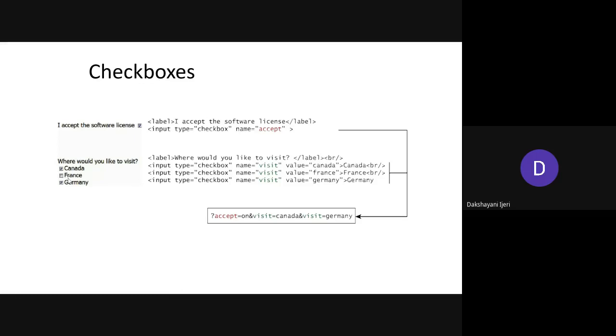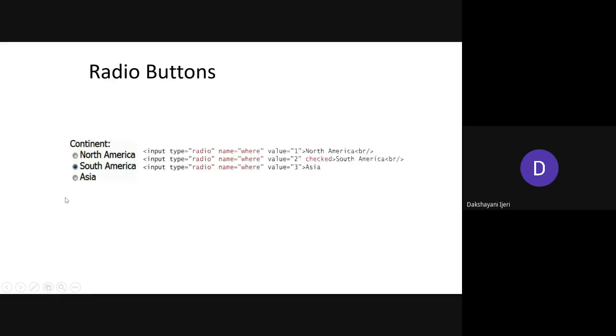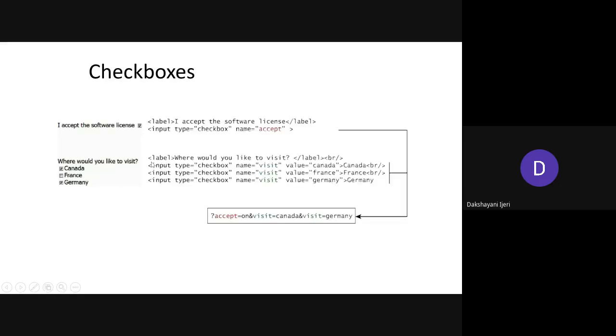So this is the biggest difference between checkboxes and radio buttons. Then how to create the checkbox or radio buttons: see, the label element has been used here. Only by using input type equal to radio or input type equal to checkbox, it is going to create these buttons. In order to give the labels, you can use the label element.